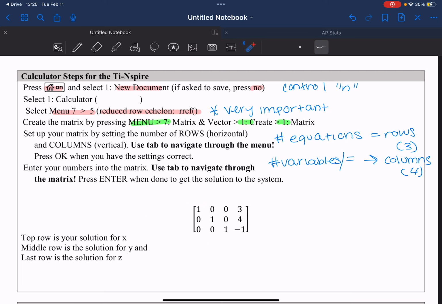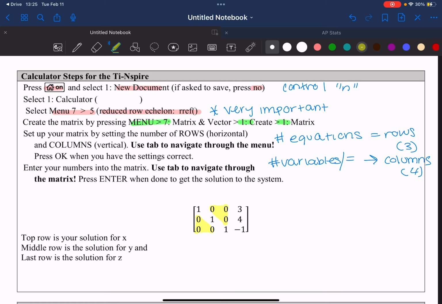Once you type everything in, you hit enter, and it's going to give you something that looks like this. Notice that it not only gives you your lower triangle of zeros, it also gives you your upper triangle of zeros. This is called reduced row echelon. When we did it on the practice, we just did row echelon, which is that lower triangle of zeros.